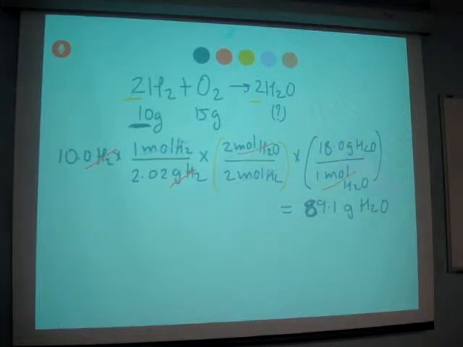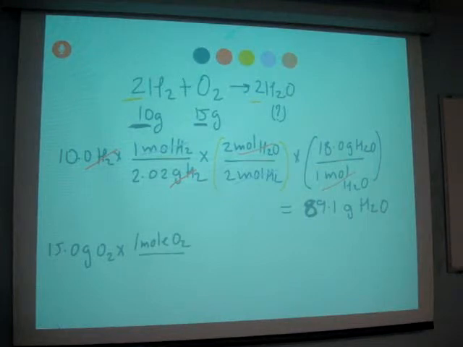Now let's start with 15 grams of O2. When we convert into moles, we know that 1 mole of O2 is 32 grams of O2, the molar mass of oxygen. When you do that, grams of oxygen cancel and you get moles of oxygen.